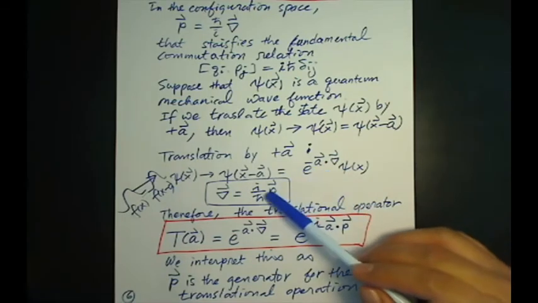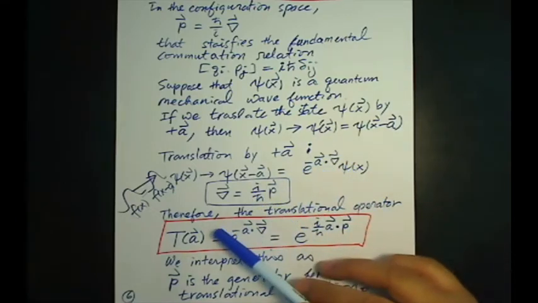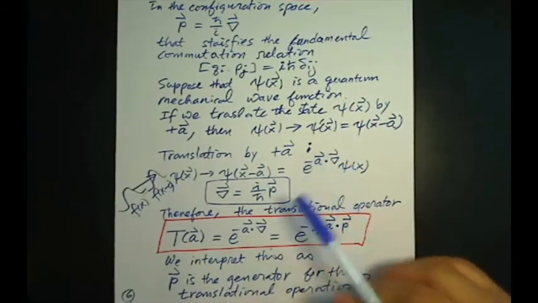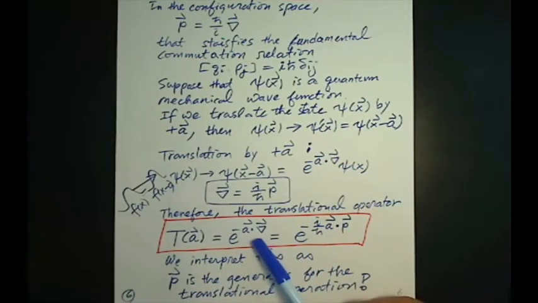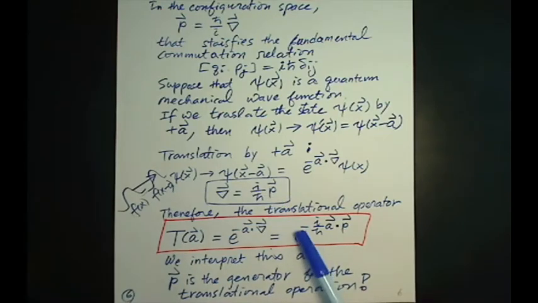Therefore, in order to translate a wave function, what we just have to do is multiply by this translational operator, that is exponential of minus a dot gradient. And when we replace this derivative operator with the momentum operator in quantum mechanics, it becomes a minus i real number multiplied by this Hermitian operator.